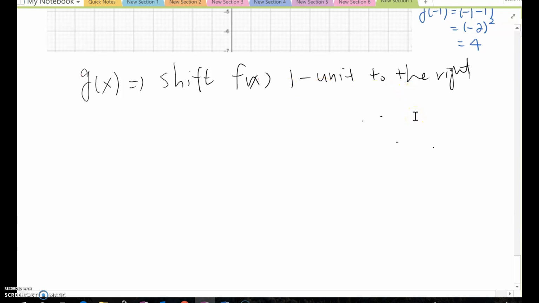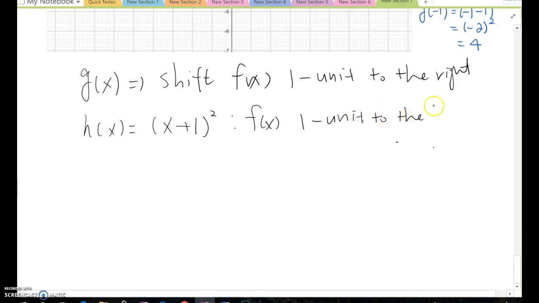Okay? Then what if I give you h(x) equal to (x plus 1) squared? Can you conjecture this result? If you conjecture, this means f(x) shifts 1 unit to the left. That is correct. So let's see on the GeoGebra.